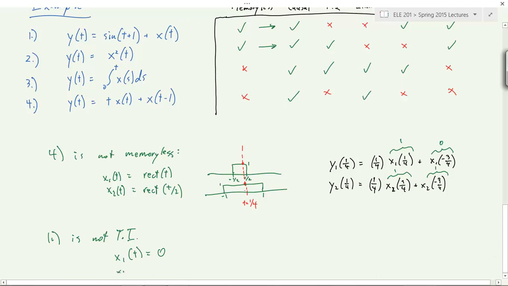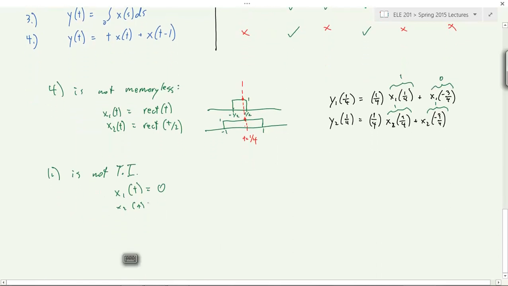Let x2 of t be a delay of that: x2 of t equals x1 of t delayed by a time delay of 1. That'll work. Of course, that's still 0, but it's important that I say it's x1 with a time delay.